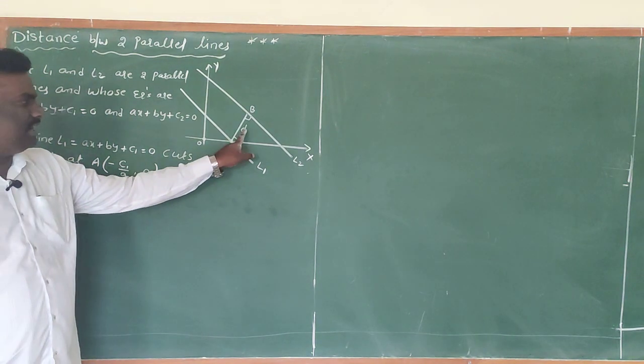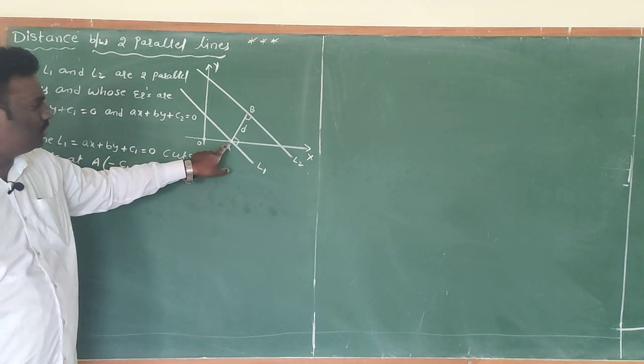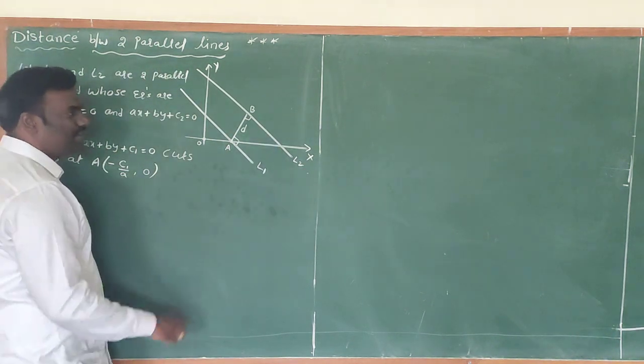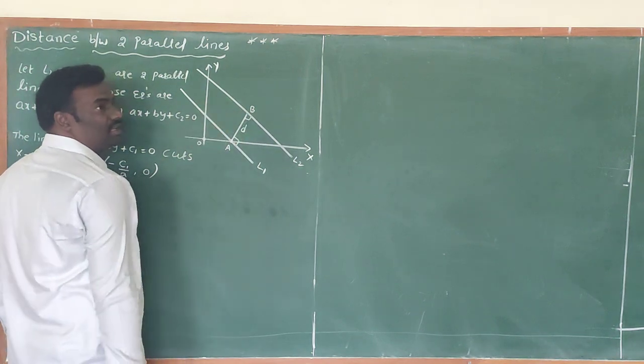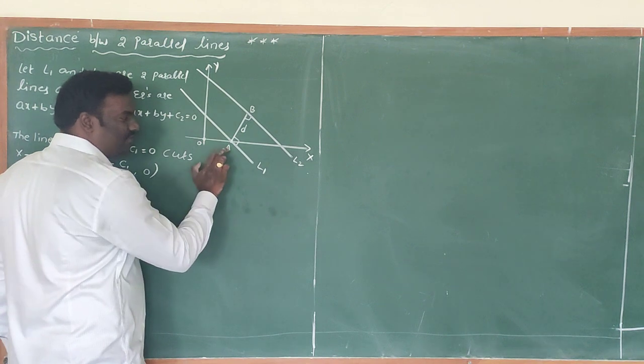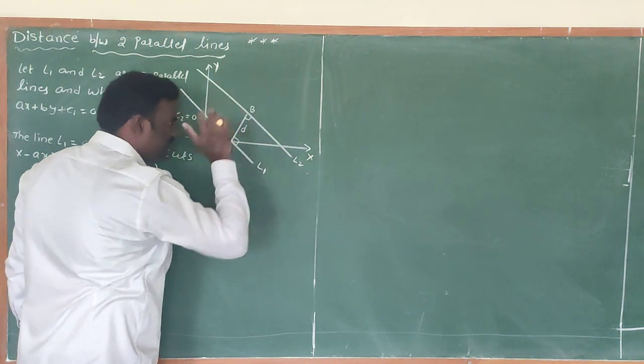Okay. Now we require D. Can I say this distance is from point to this line? Once again listen carefully. We require this distance. This distance, what I am writing? It is a perpendicular distance from point A to the line L2.